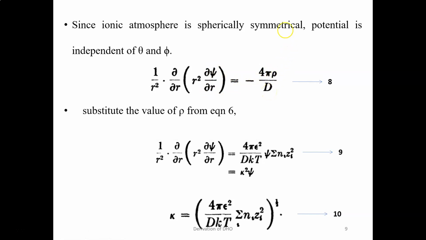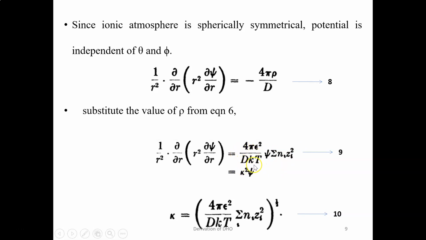We can substitute the value of rho in this particular equation. We have already found the value for the electrical charge density, and we can substitute that value in this equation to obtain 1 by r square dou by dou r of r square dou psi by dou r is equal to 4 pi epsilon square divided by dkt into psi sigma ni zi square.